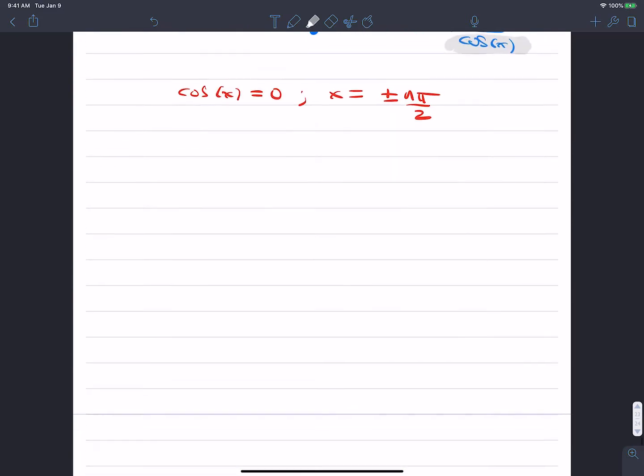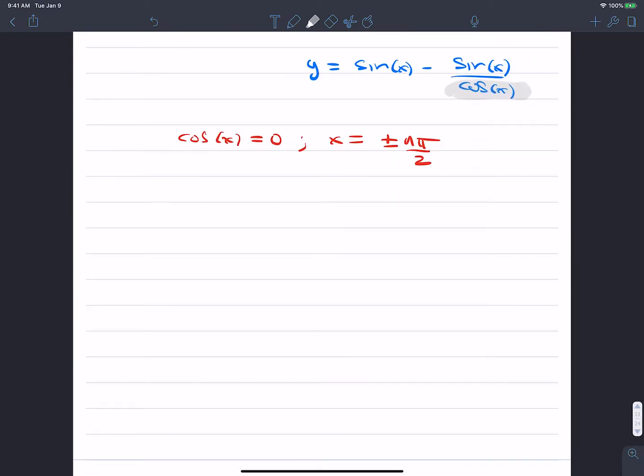Okay. Now what that means here is x is going to be odd multiples, plus or minus pi over 2, plus or minus 3 pi over 2, plus or minus 5 pi over 2. And that goes on forever.